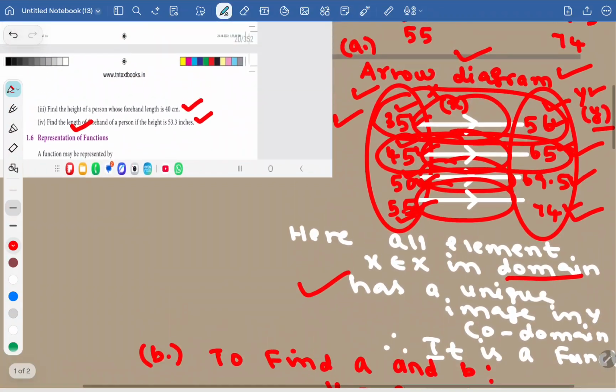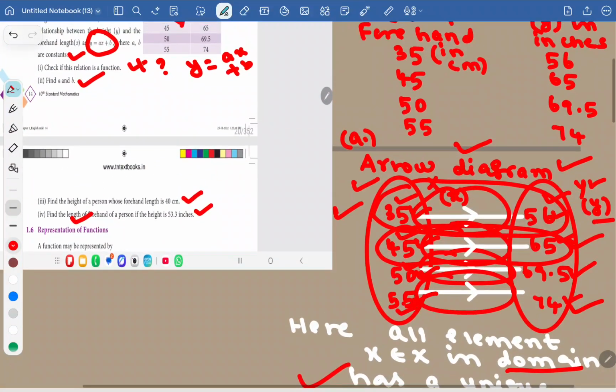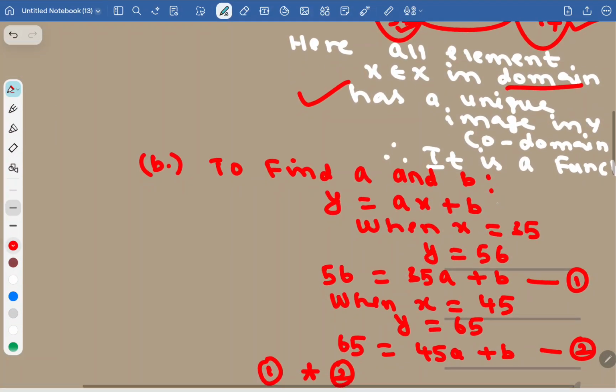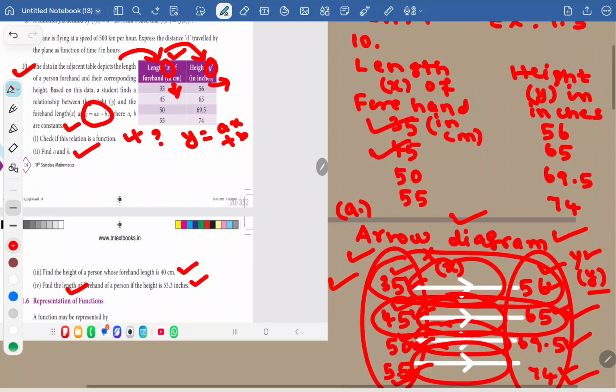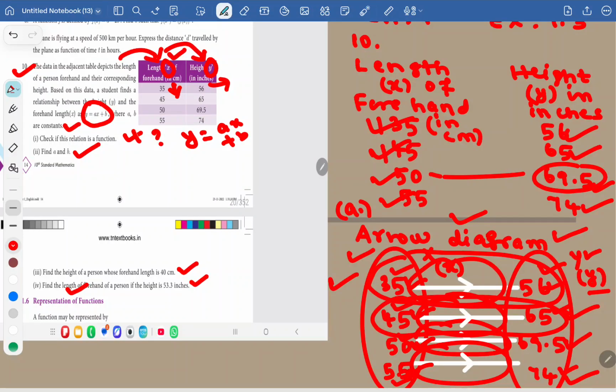Second part, we have to find a and b. In the problem itself, it is given y equal to ax plus b. See, 35, 45, 50, 55 and 56, 65, 69.5, 74. Because of the decimal, I am not using this value. I am going to use the first one and second one. When x is 35, y is 56.